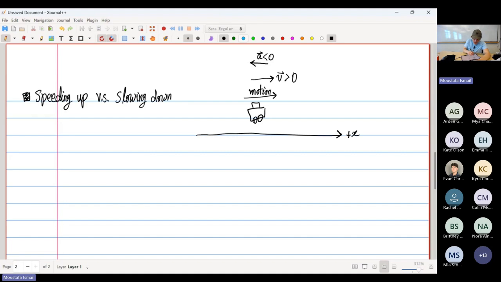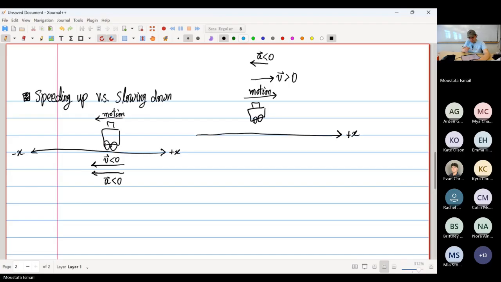But you can have a different scenario. Here is the positive x-axis, here's the negative x-axis, but the car could be moving to the left. This is the direction of motion. So in this case, velocity is to the left because this defines what the direction of motion is. So it's negative. If the acceleration is to the left, acceleration is also negative, but the car is speeding up. It is speeding up to the left because the acceleration is in the same direction as the velocity.